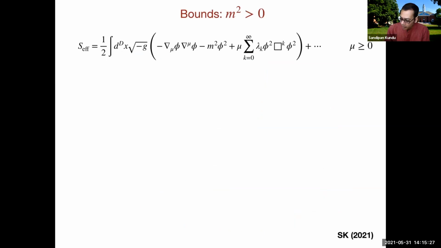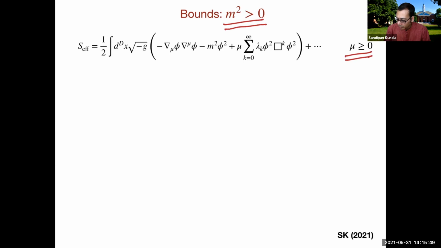So this is for the massive case, where m squared is non-zero. And I'm going to take mu to be positive as well. This can be done without any loss of generality. I can just define mu to be positive.